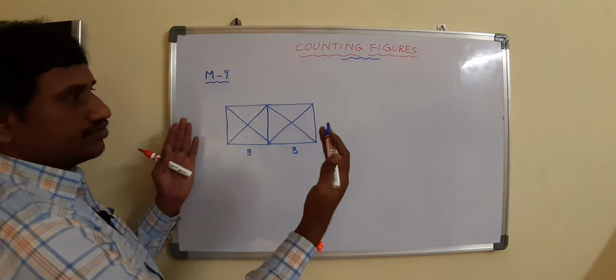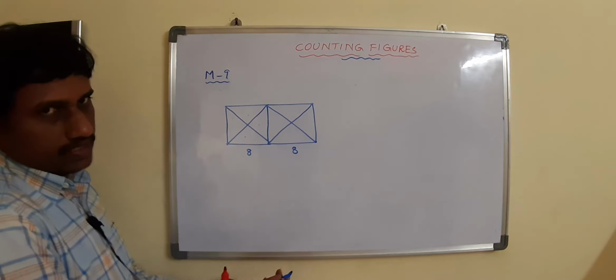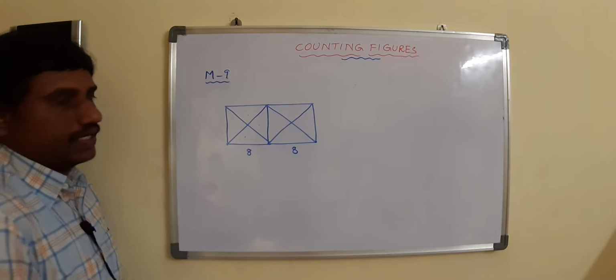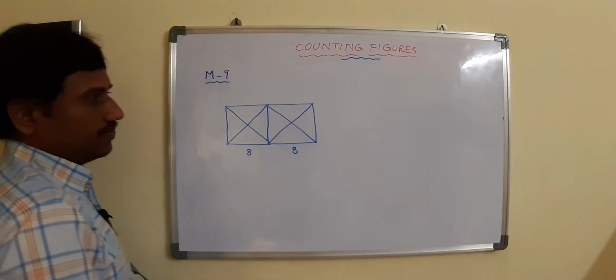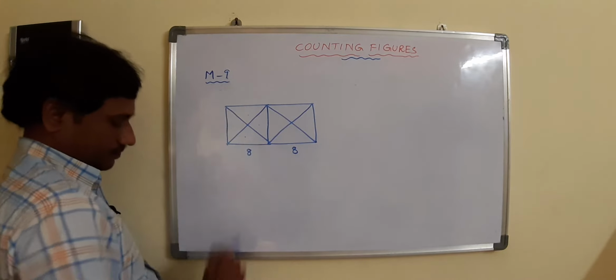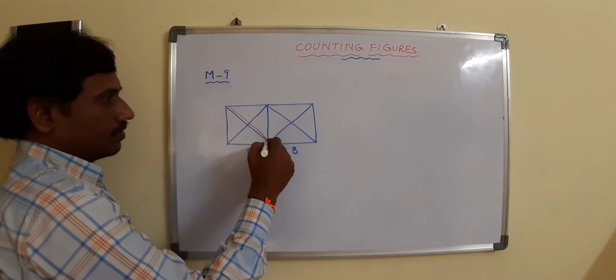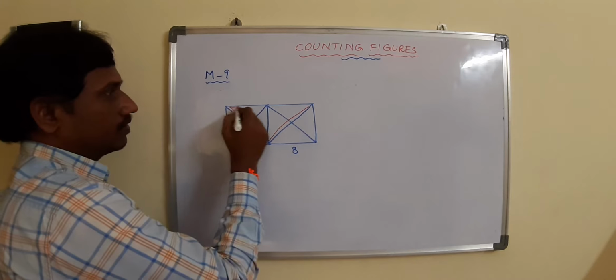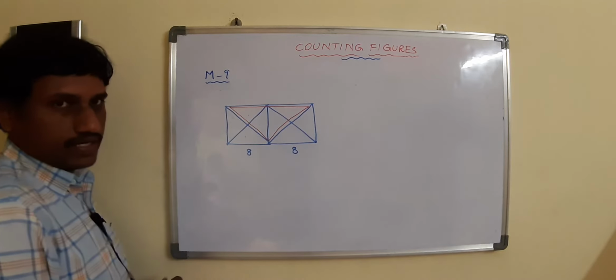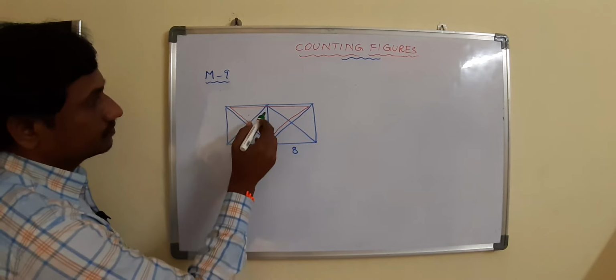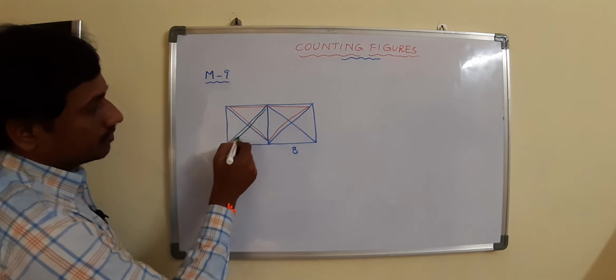Then because of joining these two squares together, find if there is any possibility of new triangles. Just observe here, any possibility? See here, yes, we got one triangle or not? Yes, we got it. And here.